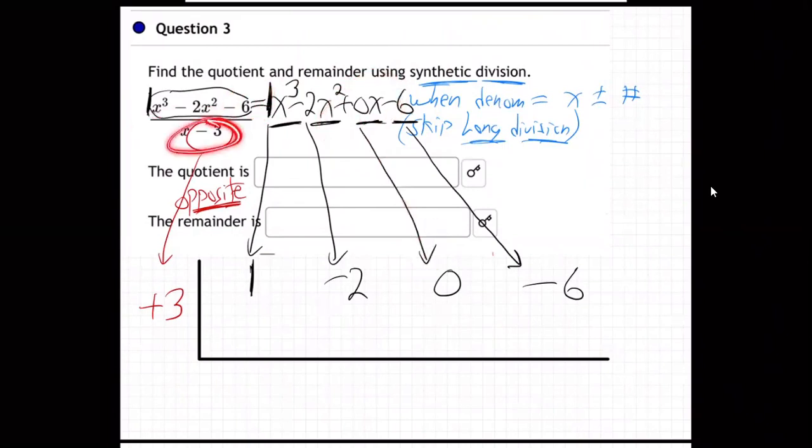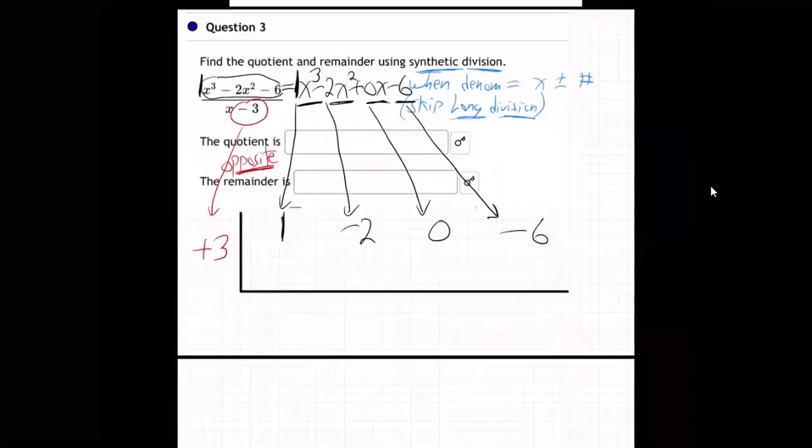And then you got to take the opposite of this number, plus 3. All right. And then here we go. We bring this guy down, 1. And then we multiply. 3 times 1 is 3. And then we add them up. 3 minus 2 is 1. Then we do it again.